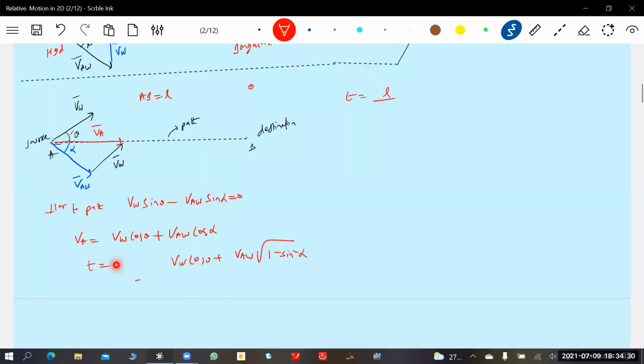This will come later on. What is sin alpha? Everything we have to substitute here. One more step: VA equal to VW cos theta.